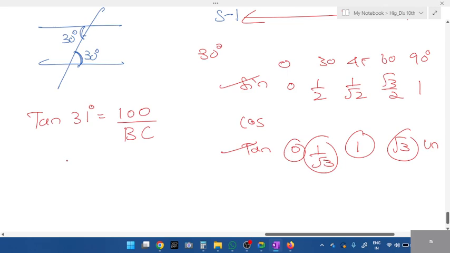Do you have the book with you all now? All of you have the book? Please respond, students. Look at tan 31. Tell me tan 31. How much is tan 31?